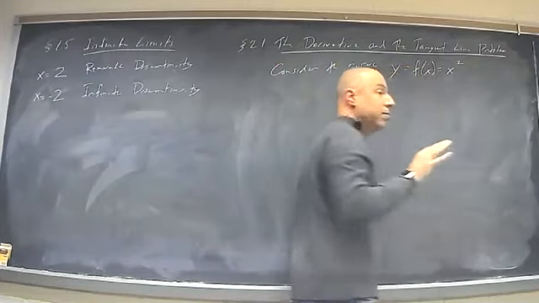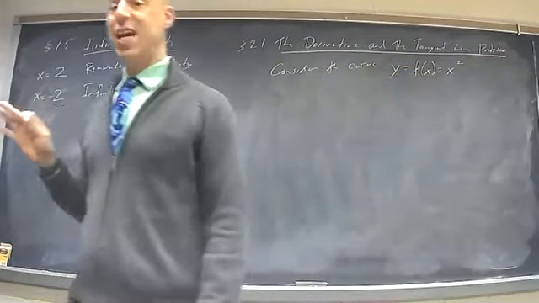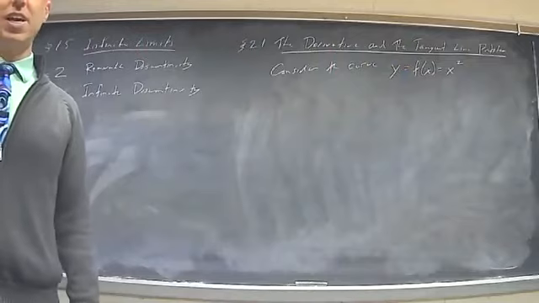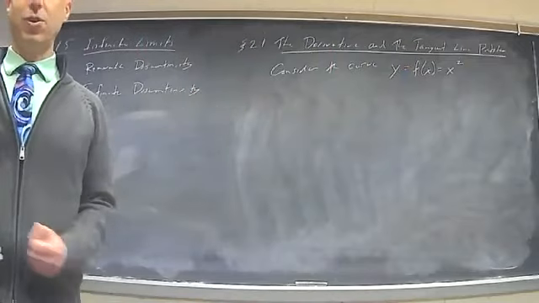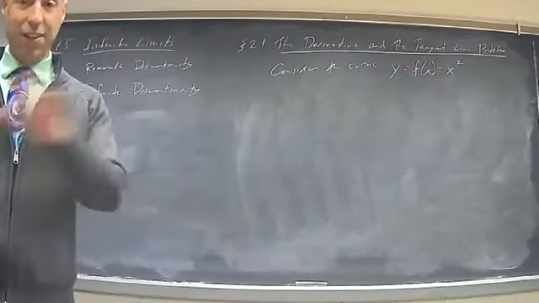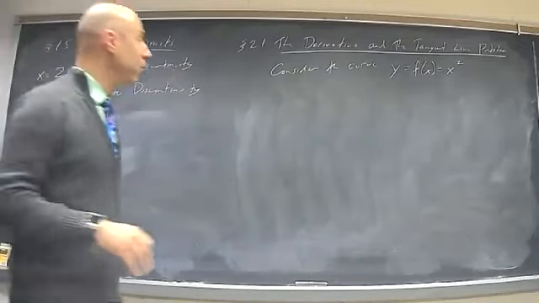I am just using x squared as an example. There's nothing magic about x squared. I'm just saying, here we are. Somebody's handed us y equals x squared. That's why I'm using it. Nothing special about this. We know what the graph looks like.